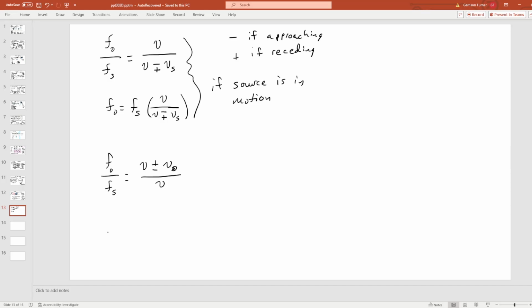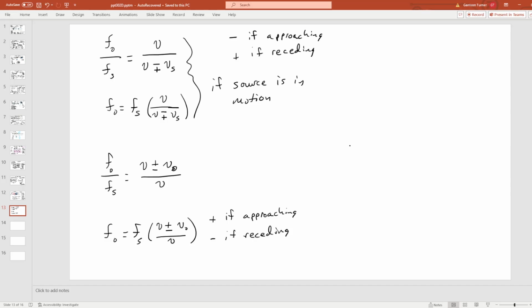So that means the frequency that the observer hears is equal to the frequency of the source times the velocity in air plus or minus the velocity of the observer divided by the velocity in air. And so for this one, we take the plus if approaching, and we take the minus if receding.